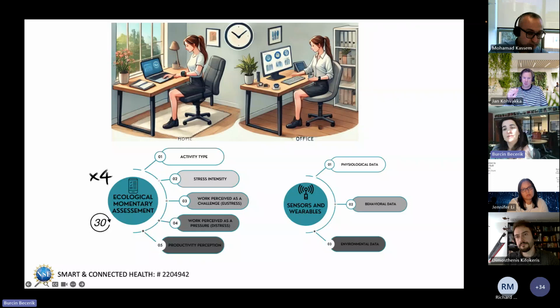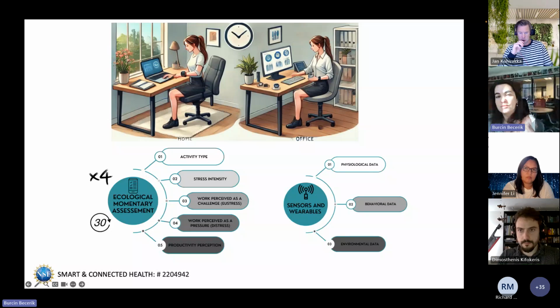And very recently, we have added neurodivergent individuals in the data collection, because most of the buildings are developed, designed, and operated for neurotypical population, which does not include neurodivergent individuals who might have hyper or hyposensitivity towards indoor environmental quality factors such as lighting or colors or temperature and noise.